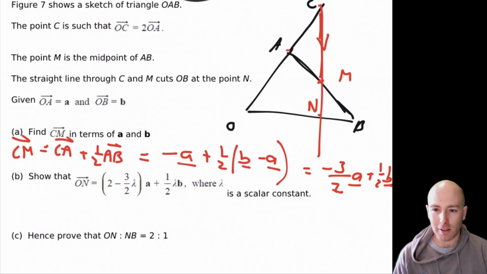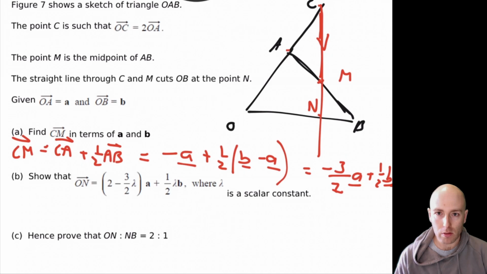We probably want to look at the answer so we can get an idea of what's going on. So if we look at the first bit here, we've got 2A.